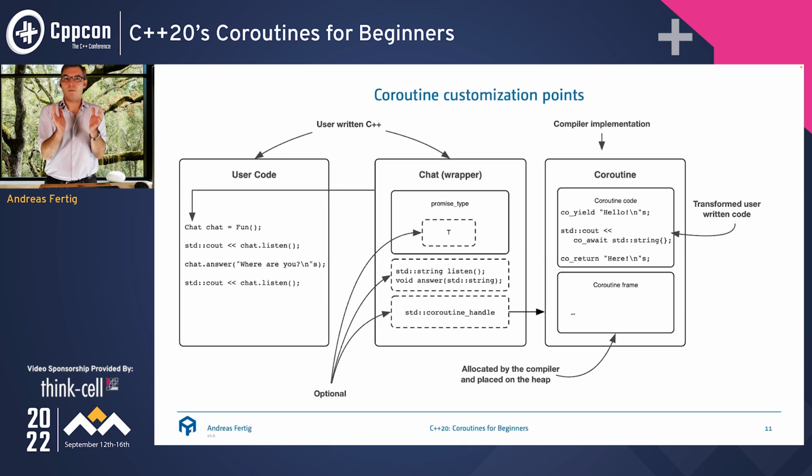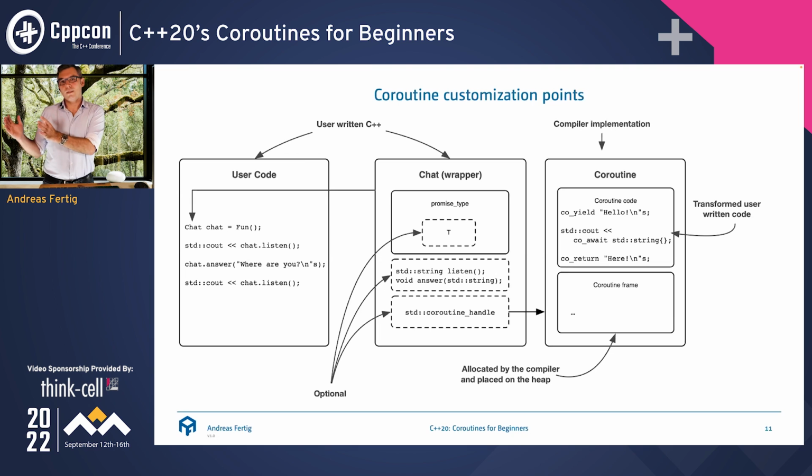And my wrapper type chat comes with 2 methods, listen and answer, which are also optional. It's up to us how we name them, whether we implement them, or whether we do something totally different. And finally, there's the coroutine handle. We use that to resume the coroutine and then put data in and out, but it's also optional. And we'll see later a case where I don't store the coroutine handle because I don't need it. So all are customization points for us.